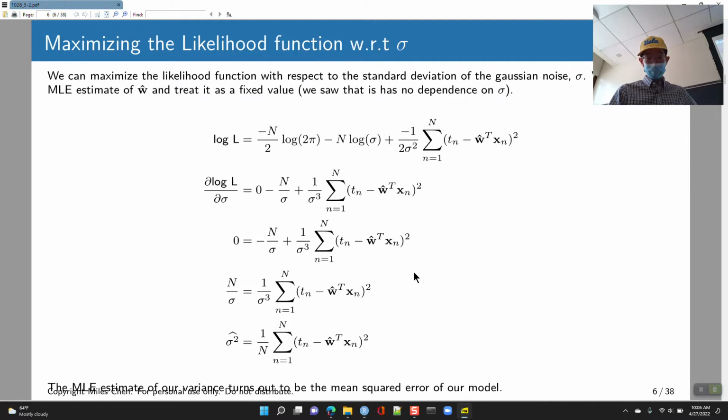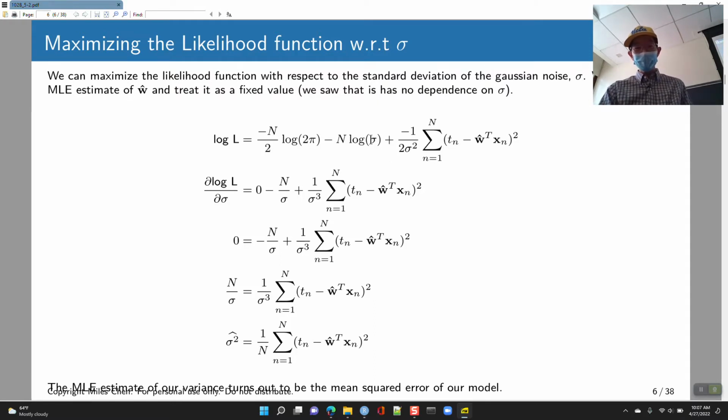We're going to plug in our current estimate W hat into our log likelihood function and ask whether we can figure out the value of sigma squared that maximizes it. So we take the derivative of the log likelihood with respect to sigma, set it equal to 0, and solve for sigma. The derivative of this term with respect to sigma: there's no sigma here, it's a constant, so that zeroes out.